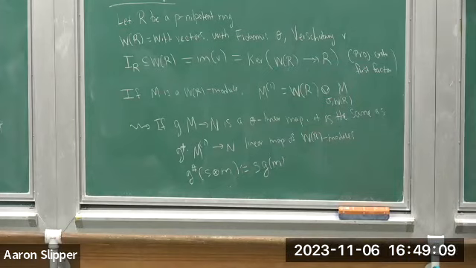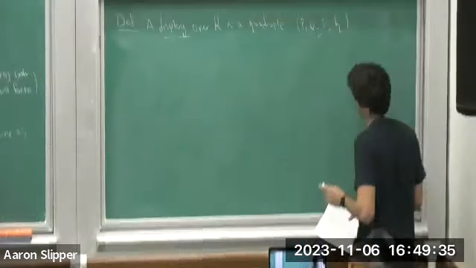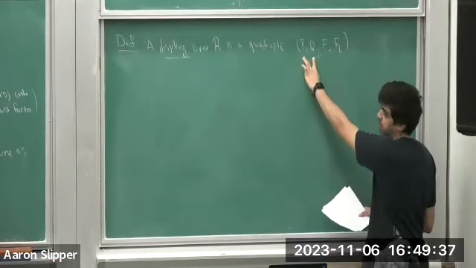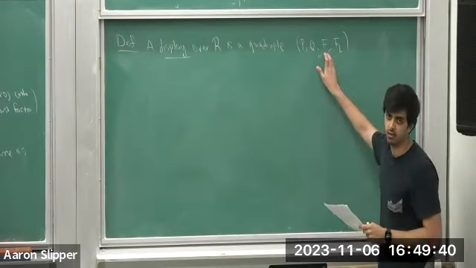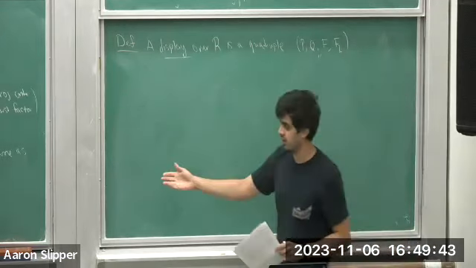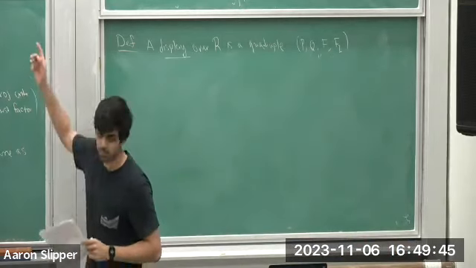So then the definition of a display is as follows. A display over R is a quadruple of P, Q, F, F1, where P and Q are going to be WR modules, and F is going to be like a Frobenius, and F1 is going to be like this inverse to Barsotti-Tate from up there.